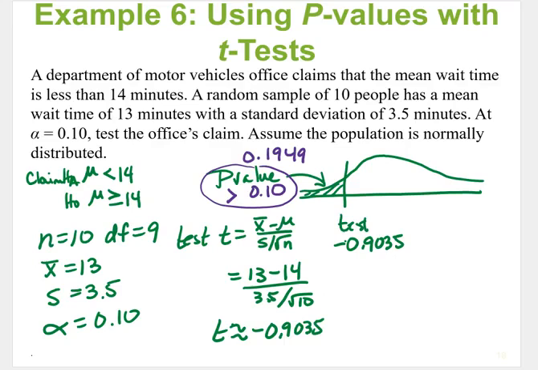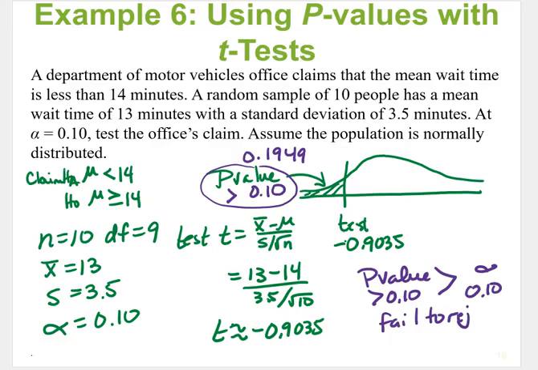So my p-value, which I know is greater than 0.10, you're going to compare that to your alpha, which is 0.10. So if the p-value is greater than alpha, then we are going to fail to reject the null.